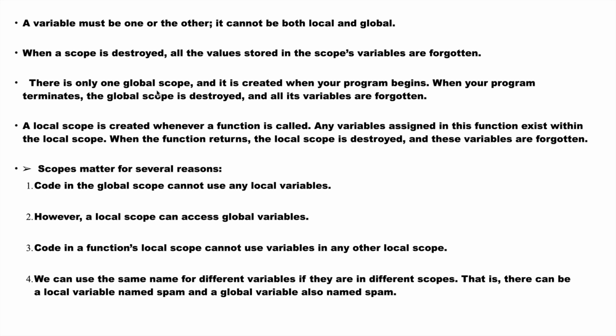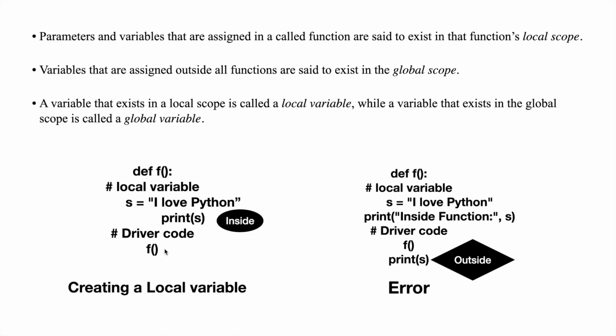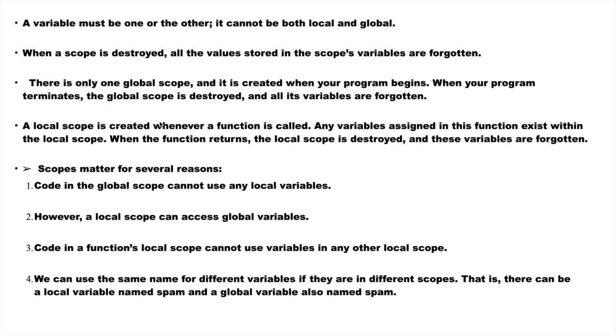But a local scope is created whenever you create a function. Whenever you create a function, automatically the local scope will be created, but the global scope is created whenever you create a program.